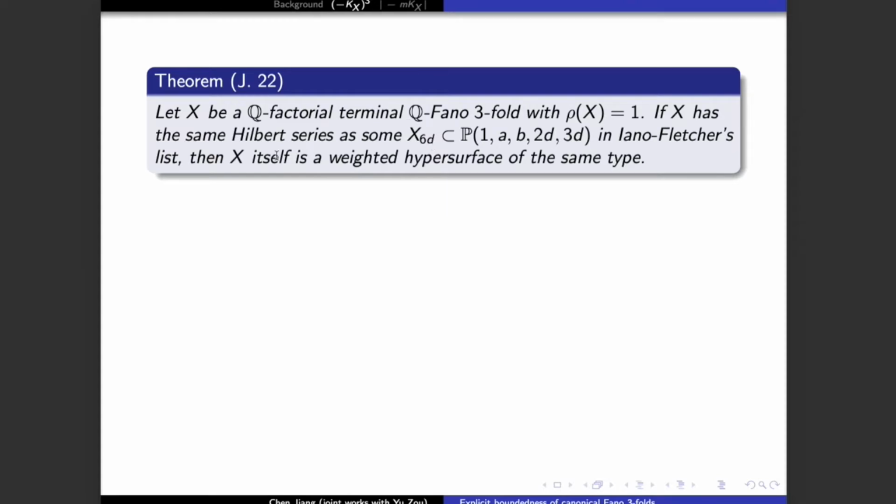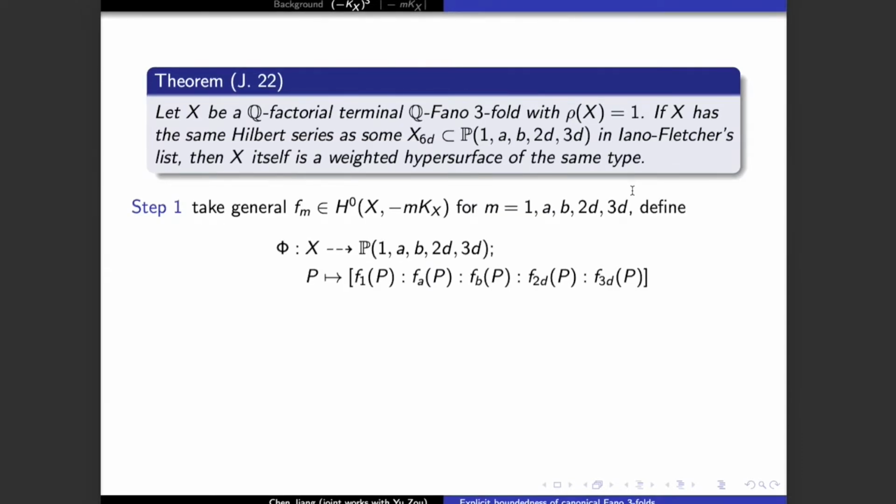And then we can show that if X has the same Hilbert series as this hypersurface, then X is actually a weighted hypersurface of the same type. Okay, so that basically tells us that if numerically X looks like a hypersurface, then X is actually a hypersurface. Okay. So then let me give some idea of the proof.